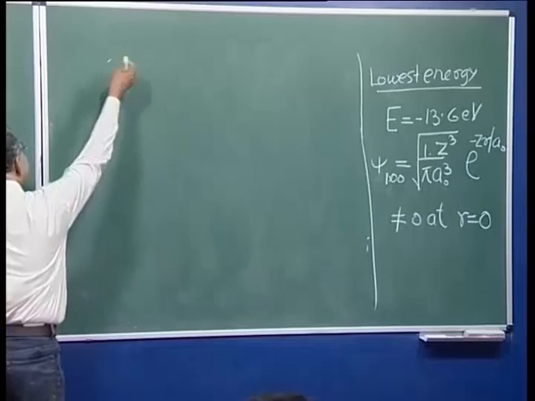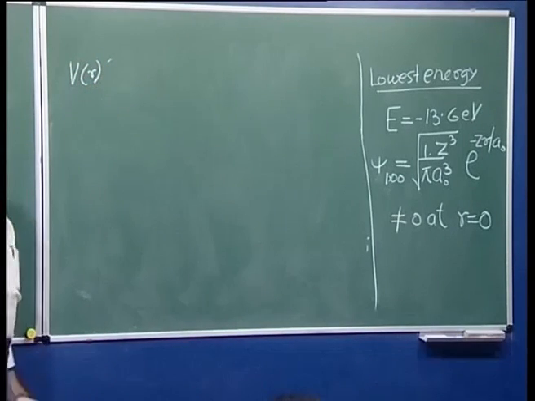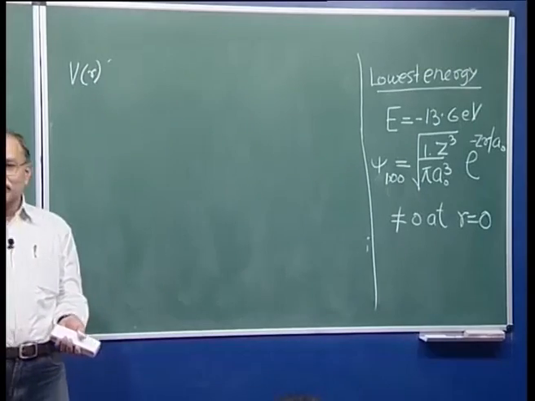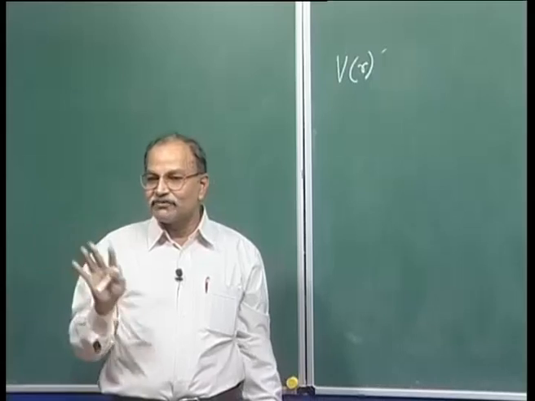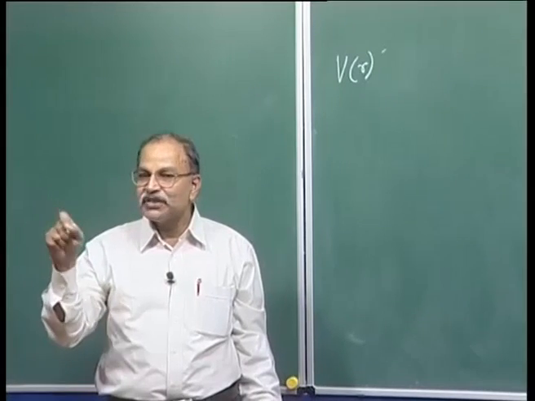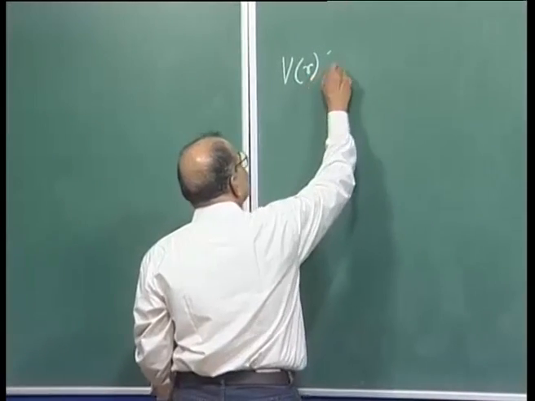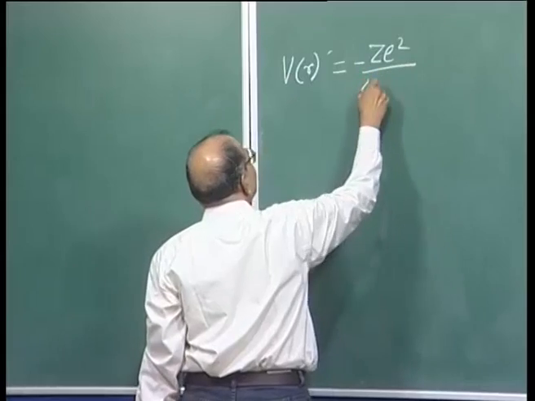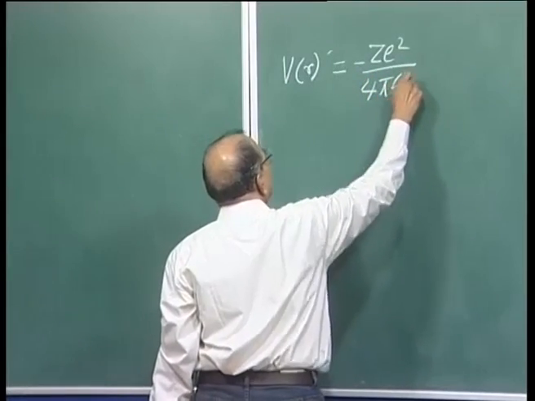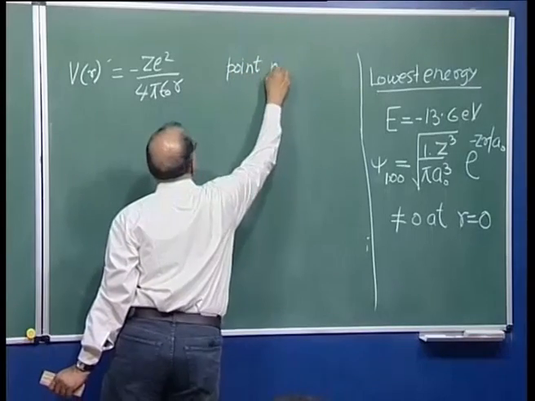What is the change? The change is in the potential energy. Look at the Hamiltonian: the kinetic energy term, minus h cross square by 2m del square, will remain the same. It is only the potential energy which is getting changed. This potential energy is minus Ze square over 4 pi epsilon naught r for a point nucleus.